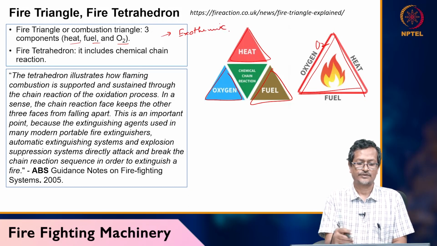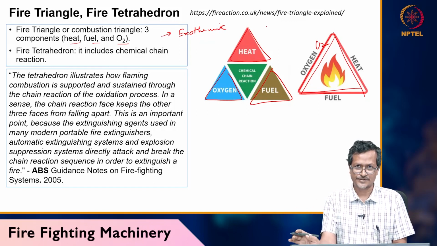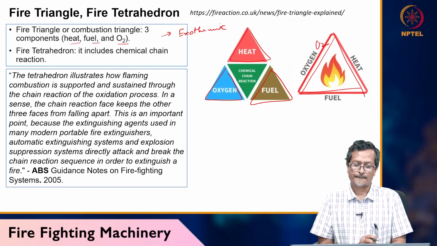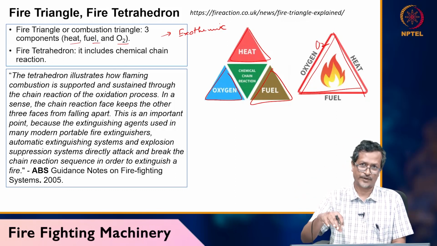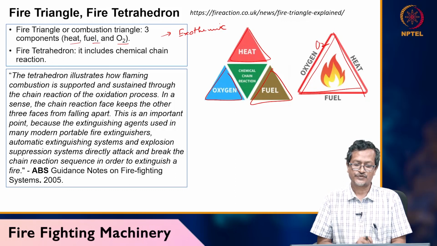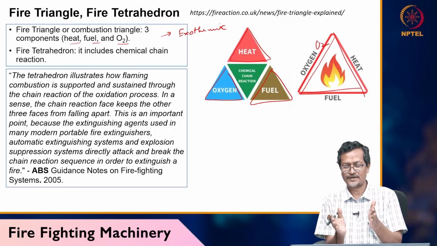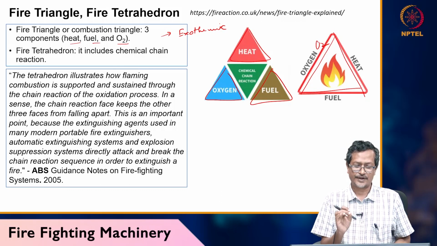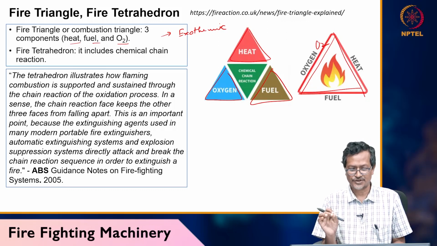Let's say wood is burning with oxygen, it will create carbon dioxide, water and other products. Now let's say you started burning, but the exothermic reaction is not happening because you cooled down by adding water. Heat is there somewhere, but it's not connected and the chain reaction is not happening, so it will stop the fire. So to get a continuous fire, you need all four: heat, oxygen, fuel and the chemical chain reaction.